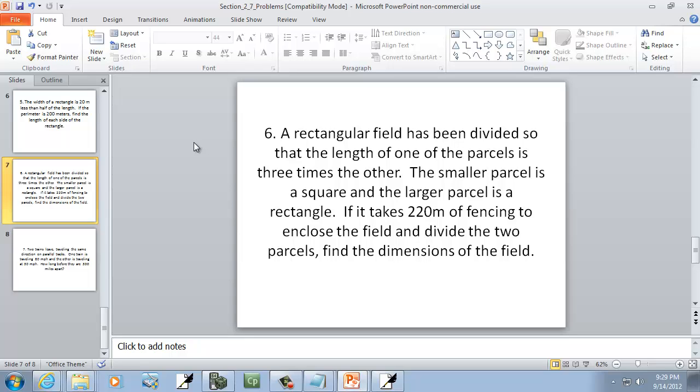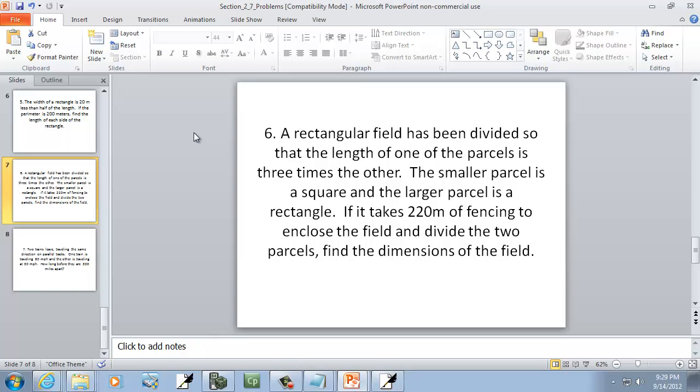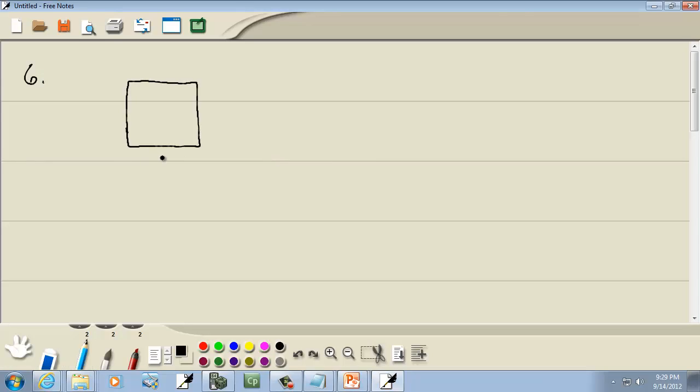Smaller parcels are square and larger parcels are rectangle. Okay, so we got this right here, square. So this length here, let's say that's x. So there's 1, 2, 3.